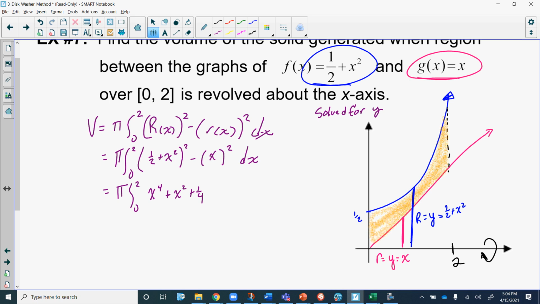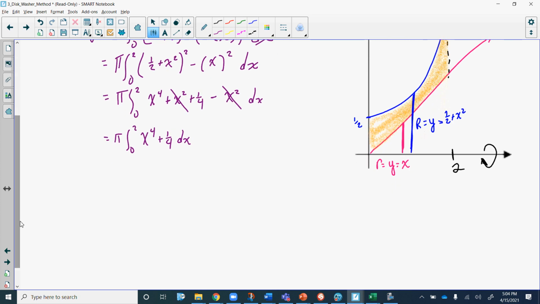And the x squared is just going to be x squared, but we have that negative sign in front of it, so it'll be minus x squared dx. So you can see that this x squared and this x squared cancel each other out. And so we have pi integral 0 to 2 x to the 4th plus 1/4 dx. So that's our simplified expression that we will now perform the antidifferentiation with.